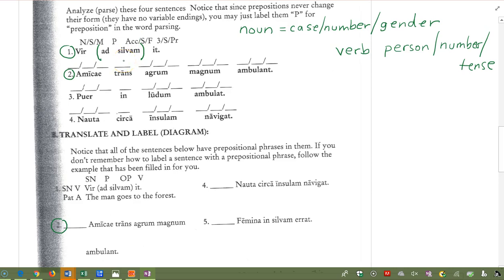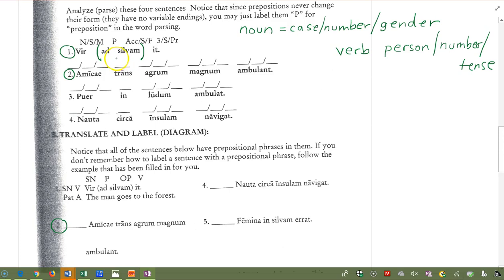In Chapter 11, all of our prepositions are accusative, except we've got in and sub that can take ablative. So just as you know, all the ones in our list besides in and sub are automatically taking an accusative OP. The object of the preposition will be accusative. All right, so let's take a look. Amici.